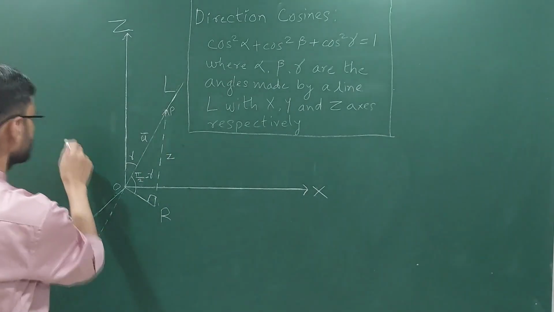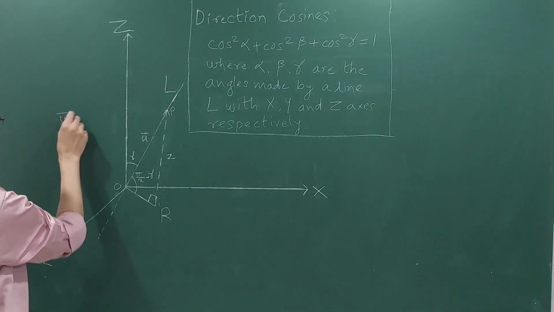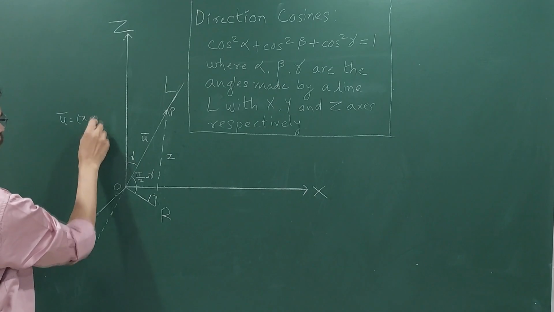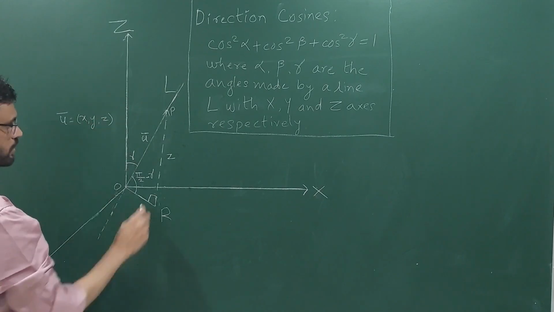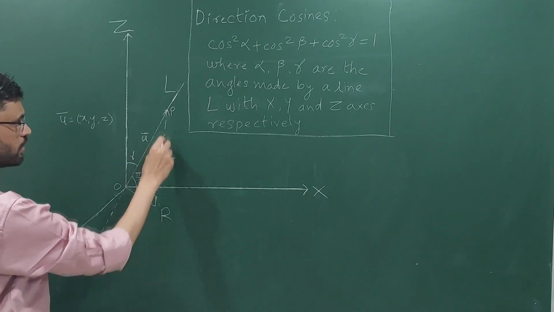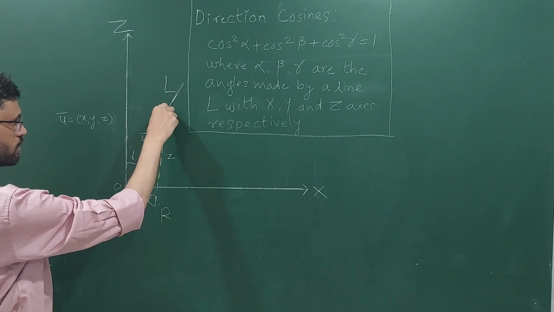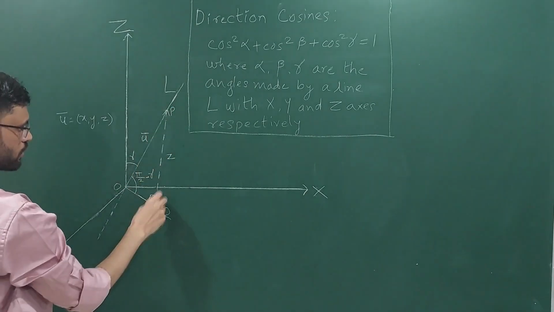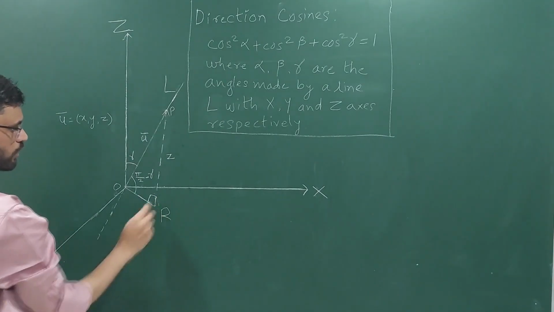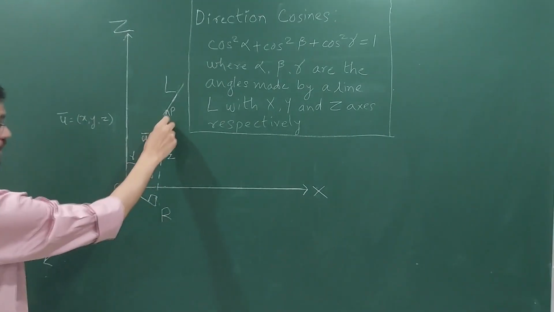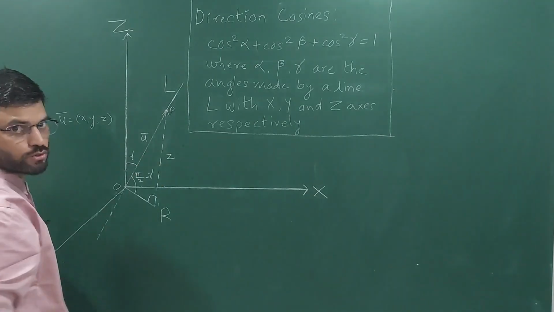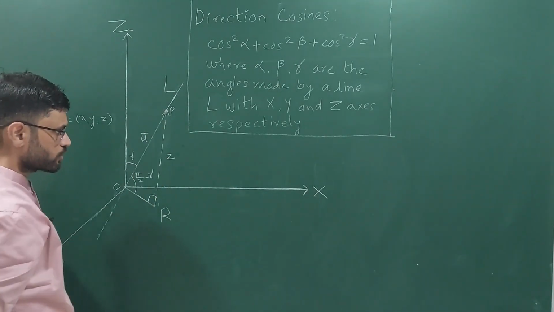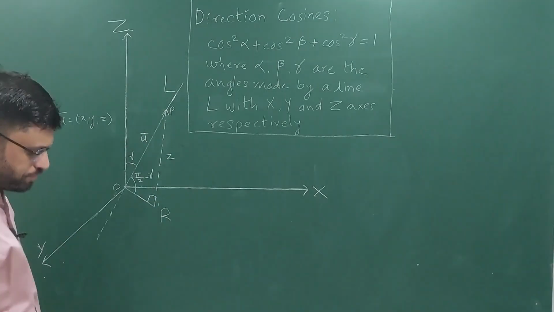Let this vector u be x comma y comma z, and since this z denotes the distance between the tip of the vector and the xy plane, where this PR is the perpendicular drop from the tip to the xy plane, this is the z coordinate.